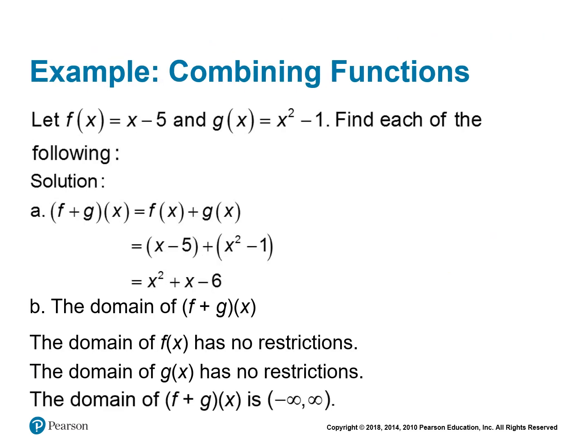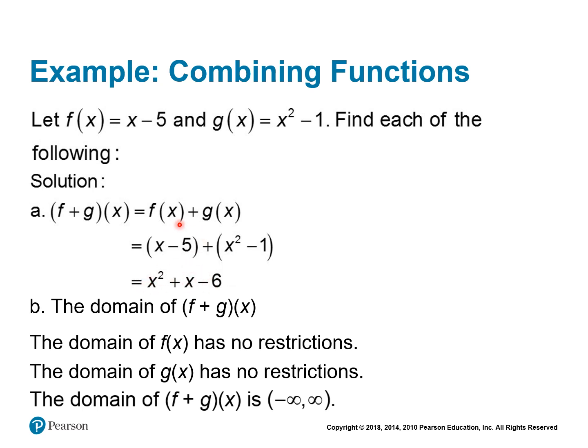Let's look at this example where they are combining two functions, f of x equals x minus 5 and g of x equals x squared minus 1. And they want us to find (f plus g)(x) and also the domain of the new function that we find.